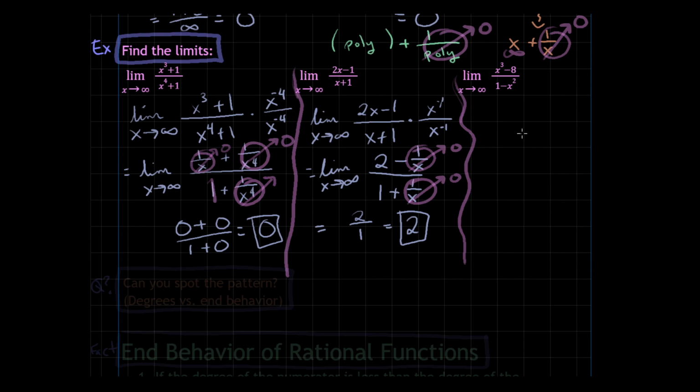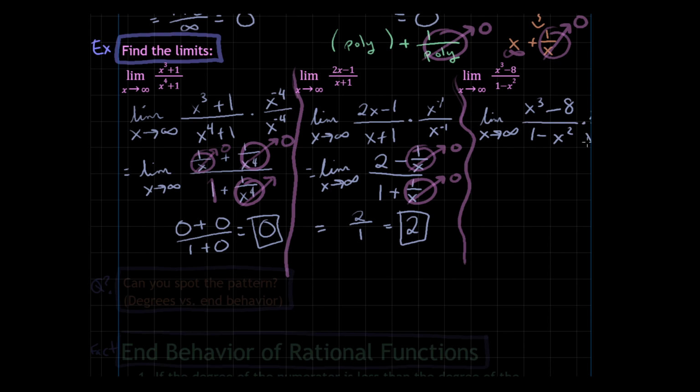Alright, here's another example. Want to pause your video and try it? Alright, here we go. Limit as x goes to infinity of x to the third minus 8 over 1 minus x squared. I got a little bit jumbled here with the amount of space I had.